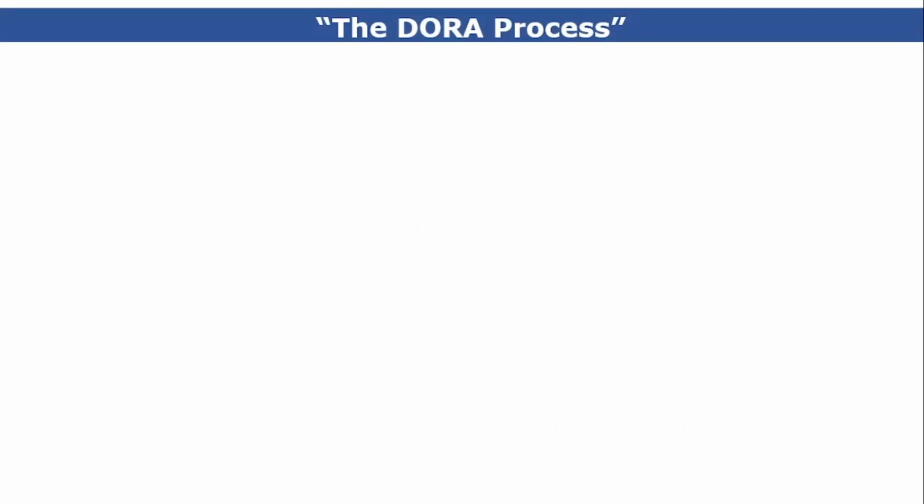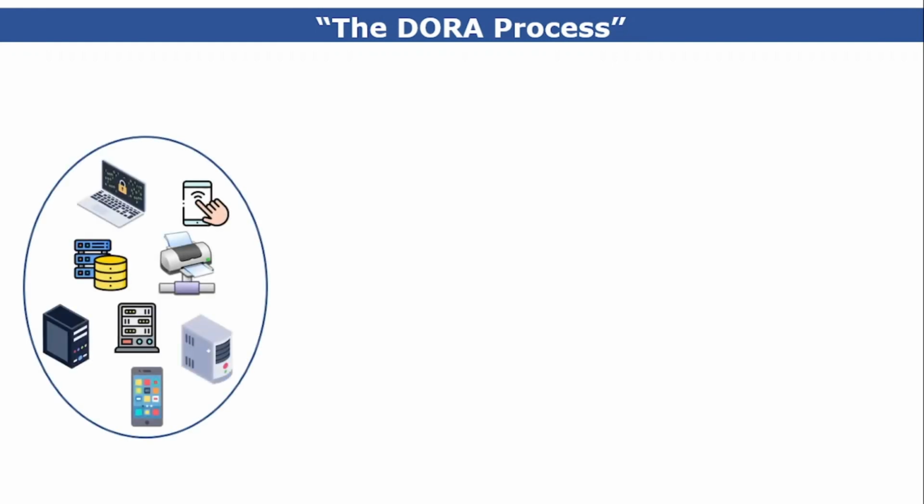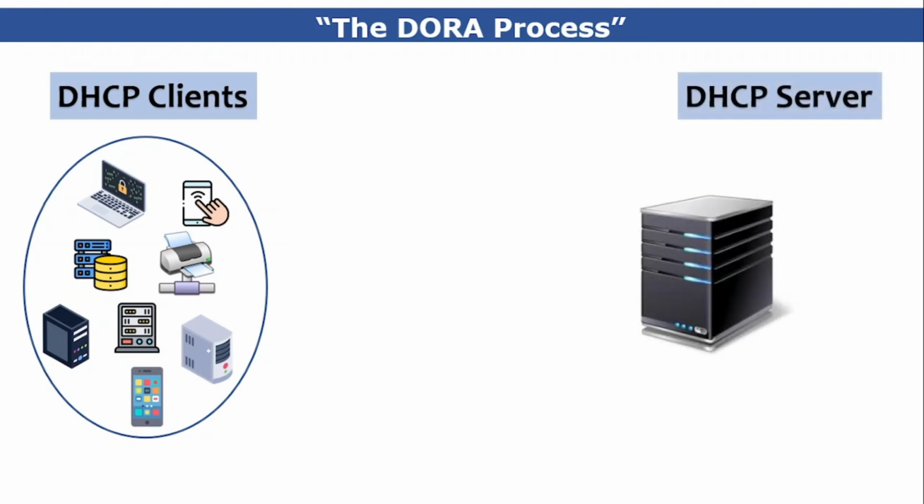So let us understand the DORA process in a pictorial representation now. So we have all our clients over here. It can be a mobile phone, laptop, desktop, a printer. And we have our DHCP server over here. Now the DHCP client works on port number 68 and the DHCP server works on port number 67.